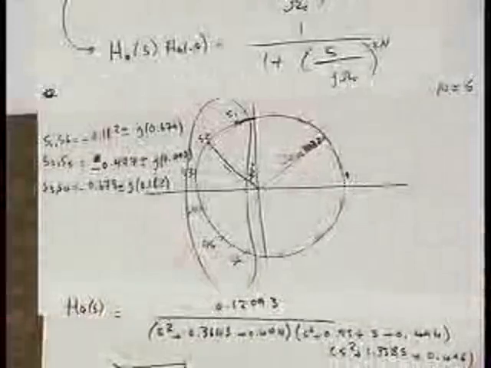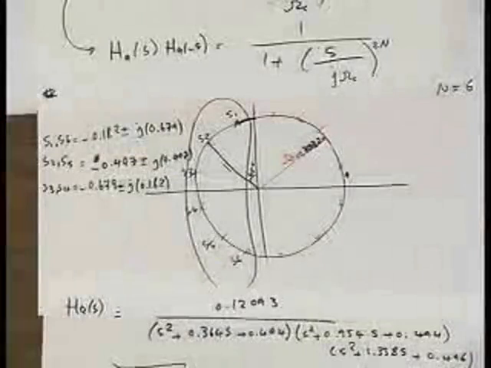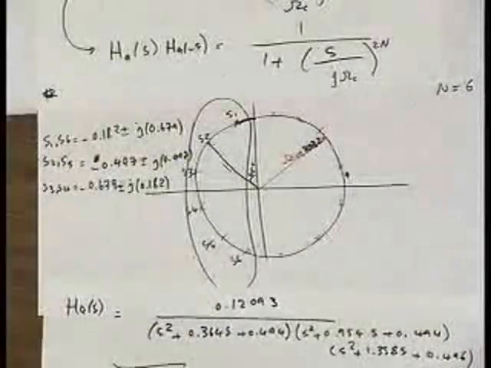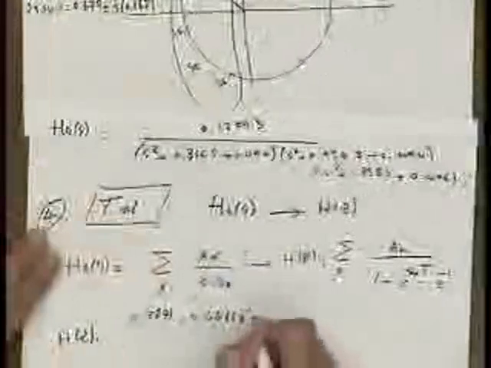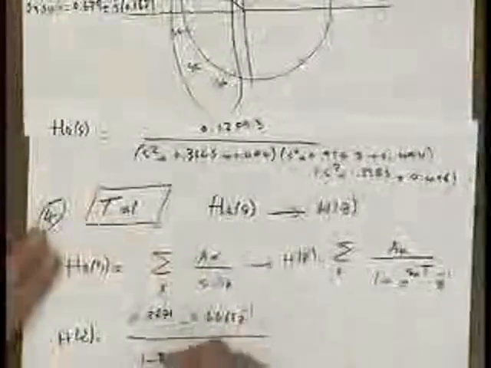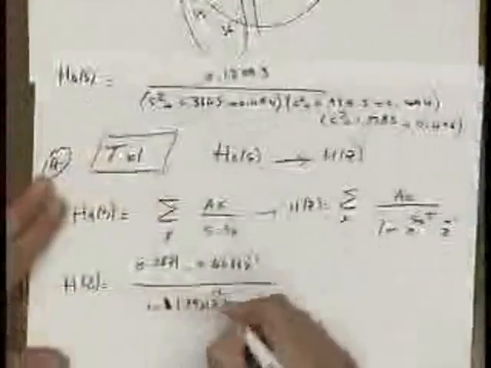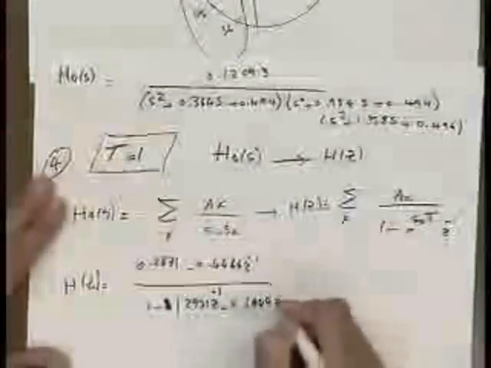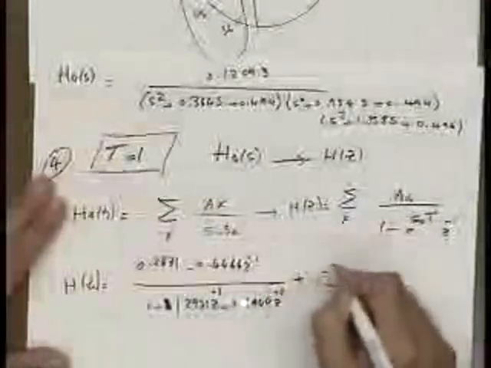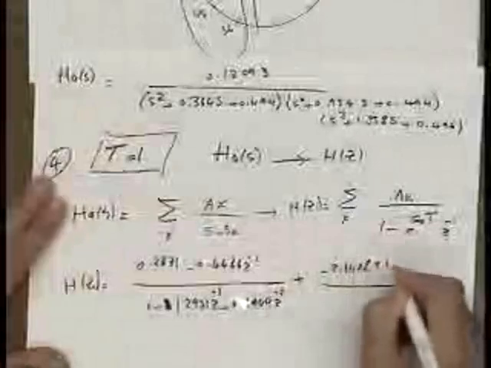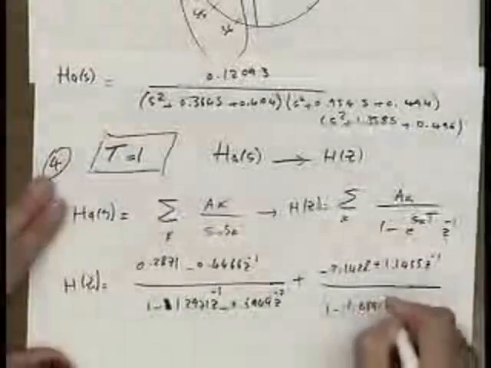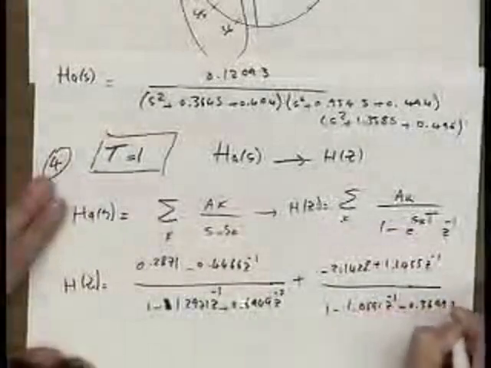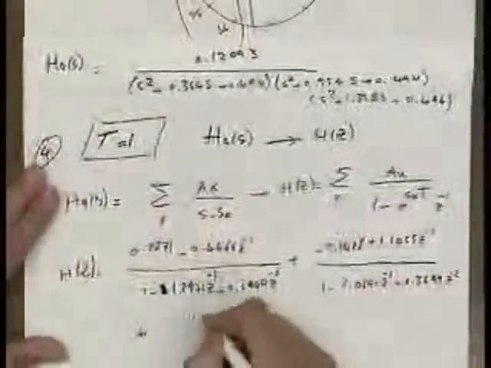And so plugging into this, at the end of the day, H of z is just an incredibly complicated expression: 0.2871 minus 0.4466 z inverse over 1 minus 1.2971 z inverse plus 0.6949 z to the minus 2, plus minus 2.1428 plus 1.1455 z inverse over 1 minus 1.0691 z inverse plus 0.3699 z to the minus 2, plus 1.8557 minus 0.6303 z inverse over 1 minus 0.9972 z inverse plus 0.257 z to the minus 2.